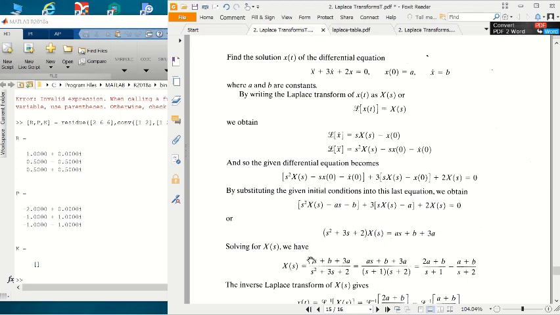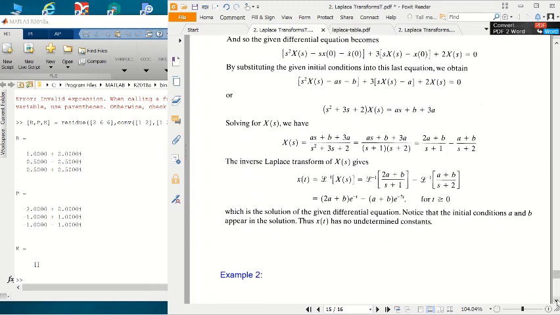You have X(s) equal to this. Then you simplify this using partial fraction expansion. In this case it's a simple case because you have linear roots, so you just factorize this to become like this, and then express it by partial fraction.